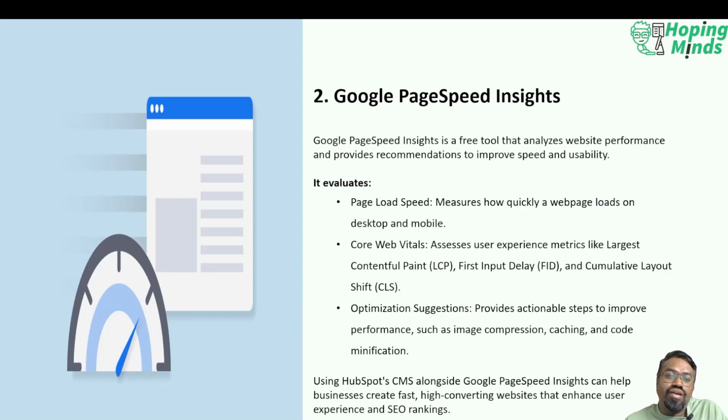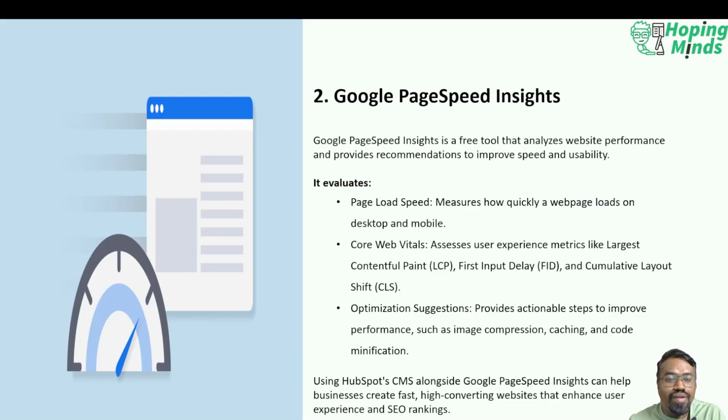Then core web vitals. Using Google PageSpeed Insights, you can check the core web vitals. You can assess user experience metrics like Largest Contentful Paint (LCP), First Input Delay (FID), and Cumulative Layout Shift (CLS). We will discuss all these details in the SEO session, so please stay tuned.